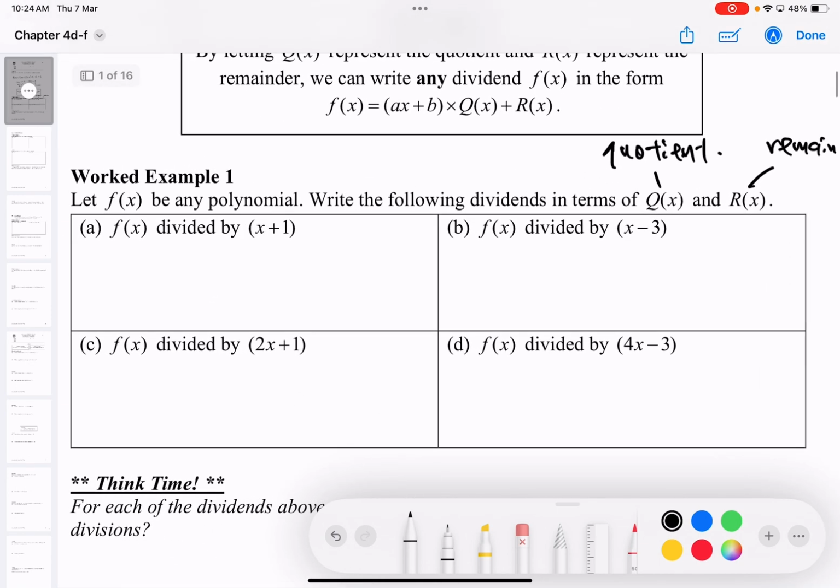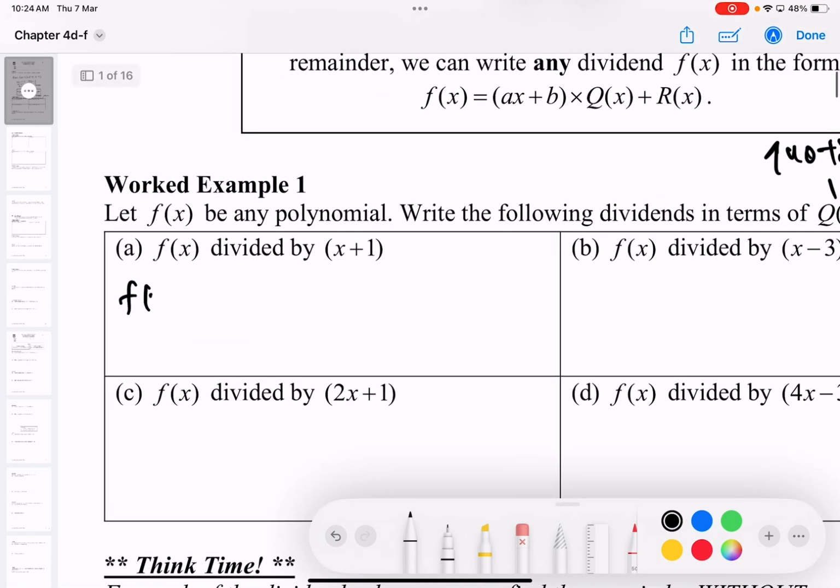Alright, so how do we write it? I know f(x) is the original function that I haven't divided by anything, which is also called the dividend, equals the divisor, which is x plus 1, multiplied by the quotient, plus the remainder. Now, I want you to think about it. Just now I told you, if the divisor is of degree 1, the remainder will be degree what? 0.